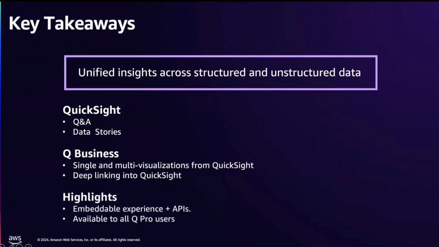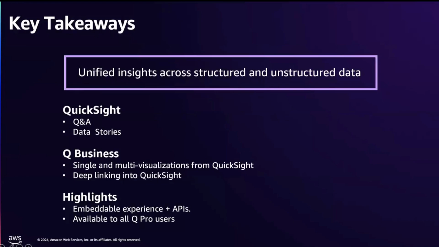And some of the key highlights, that embeddable experience, right? You're able to take this experience and put this into your own application. You're able to expose all these capabilities, whether it be Q&A or the chat experience for your users. And if you wanted finer grain control, you're able to utilize APIs to get that information as well. And the nice thing about all this is that it's available to all Q Pro users.